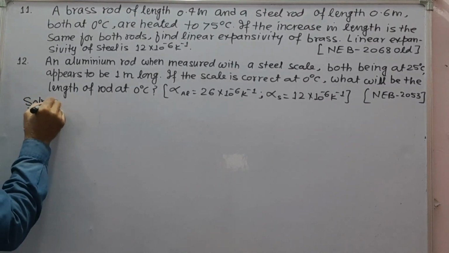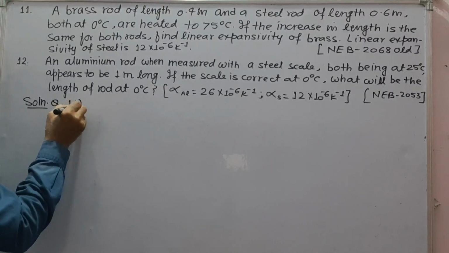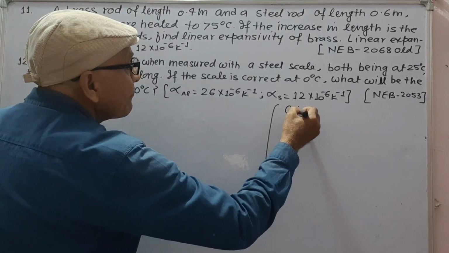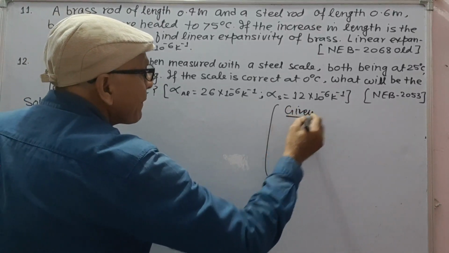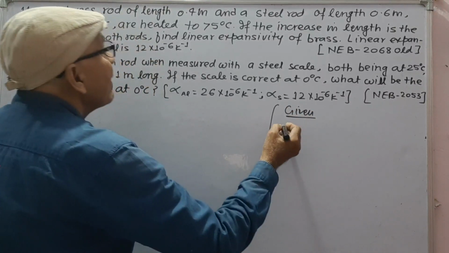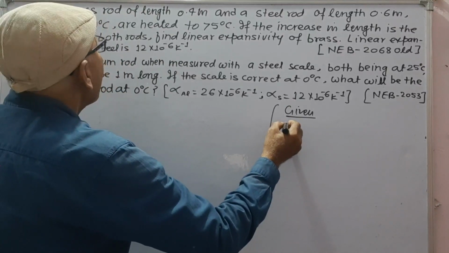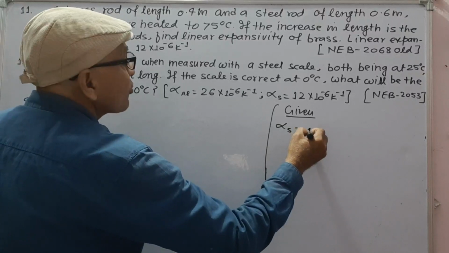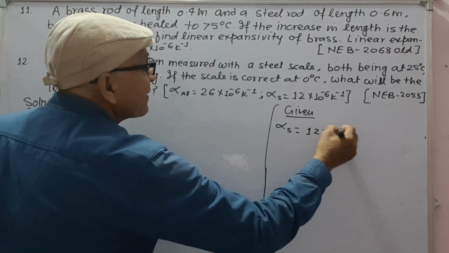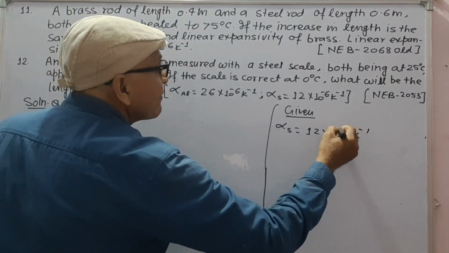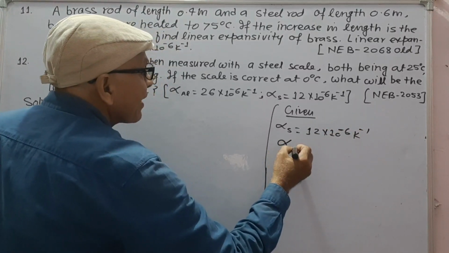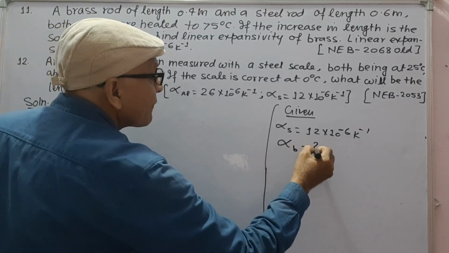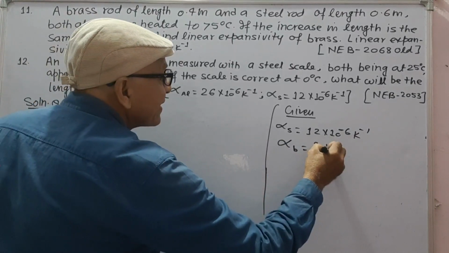Solution to question 11, given. Alpha of steel is 12 into 10 to minus 6 per Kelvin. We have to find alpha of brass, linear expansivity of brass.